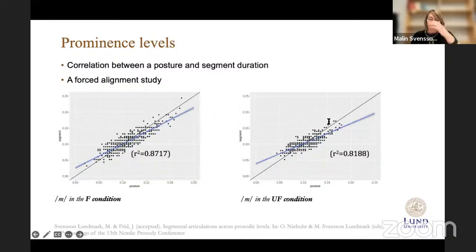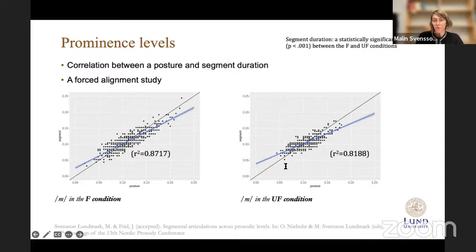So we compared focused and unfocused conditions, which we controlled were actually significantly different in duration. On the y-axis, we have segment duration as obtained by forced alignment, and on the x-axis, we have the posture interval measured using the acceleration peaks.